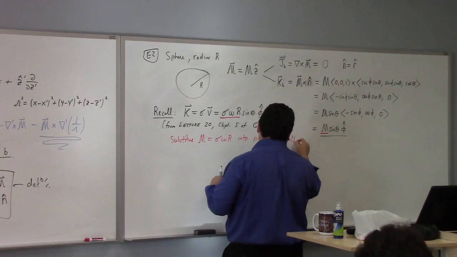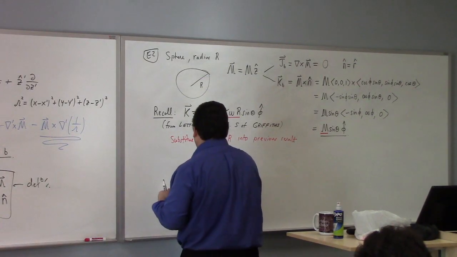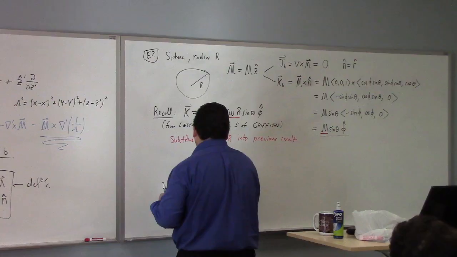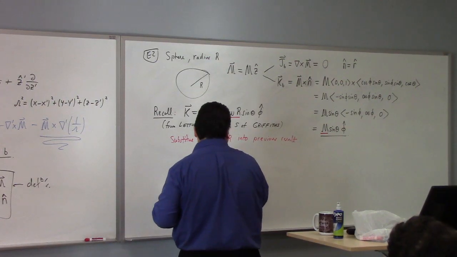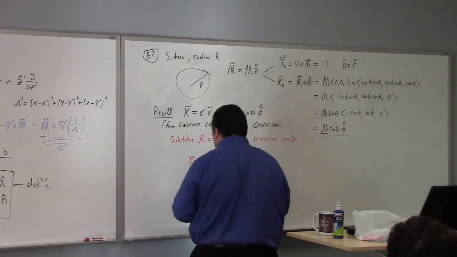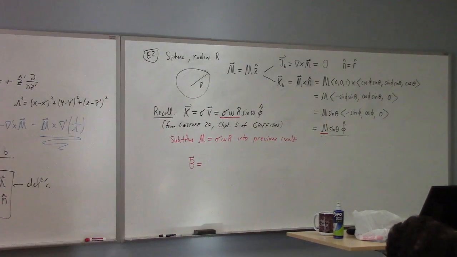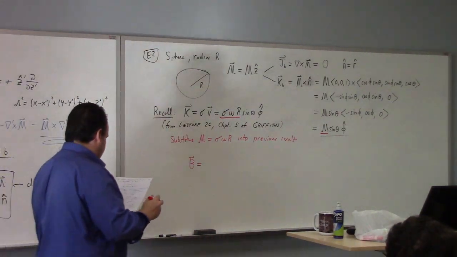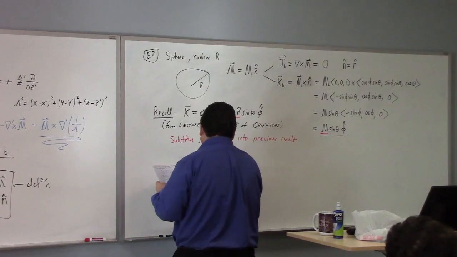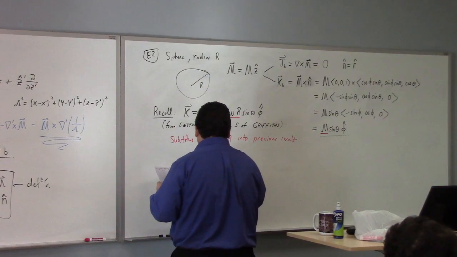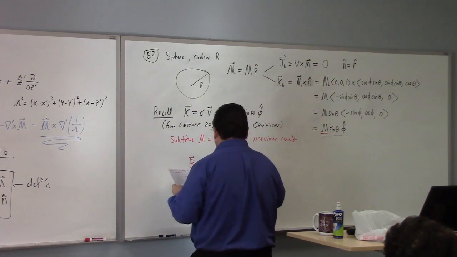The previous result was that the magnetic field that results from that surface charge spinning is, oh goodness gracious, there's a 2/3, mu naught sigma R omega z hat.